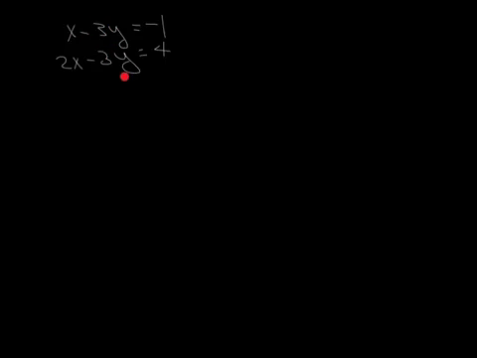So which one looks simpler? Probably this one. And then I have them find which variable looks like it's the easiest. Like this one does not have a number in front of it, and this one does. So this one looks like it's the simplest. So that's the one that I'm going to isolate, or get all by itself on one side of the equal sign.